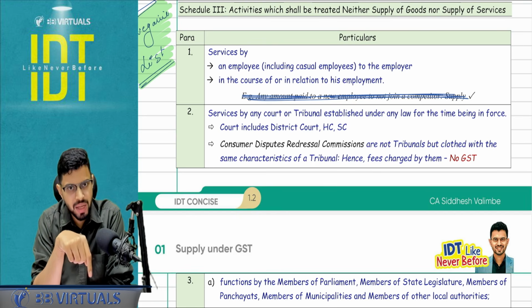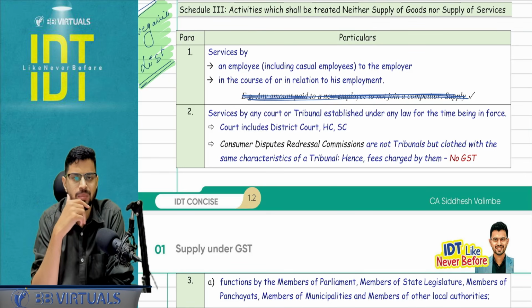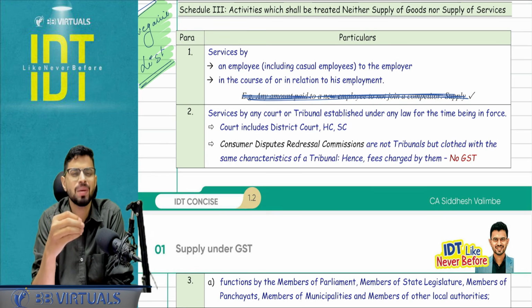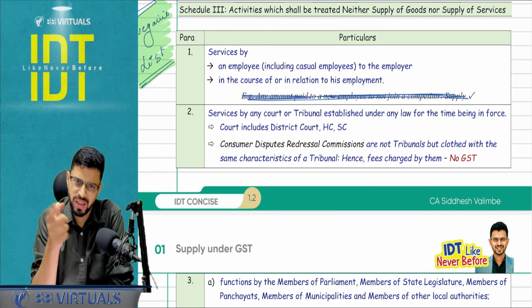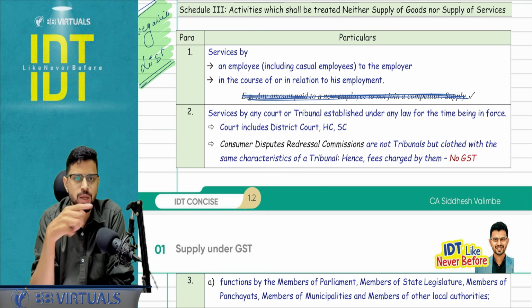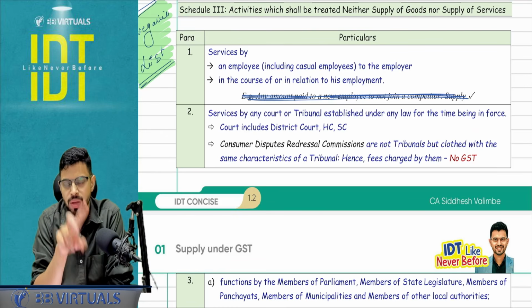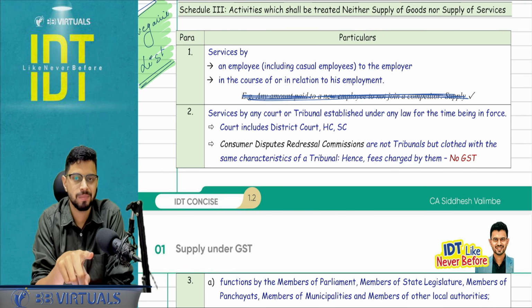Will that be covered here? Oh no, that is the case of actually goods. You can take some service example. Let's say laptop repair. Will that be covered under paragraph number 1? Absolutely not. It is not in relation to employment. I was employed for tax consulting services in the tax department. So don't just see the employer-employee relationship. See whether that service is in the course or relation of employment as well.